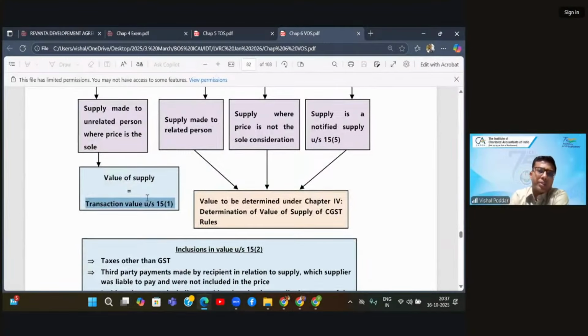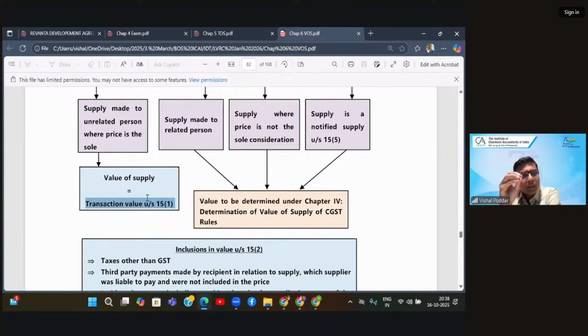See, this term, transaction value, is, you can say, derived from the excise law, where the same concept or the same terminology was used. But what is the concept of transaction value? The concept of transaction value is the price at which this present supply or the present transaction has been entered into by a buyer with the seller.